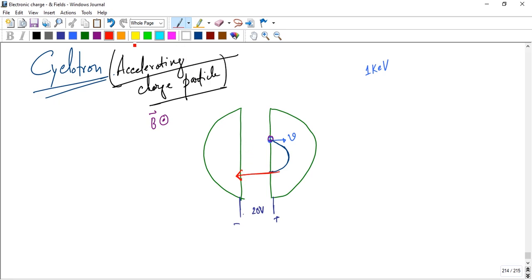So the proton moves here, and when it goes across, it gains some energy. Now the energy is 1 kilo electron volt plus 20 volt. Kilo means 1000, plus 20, so that means 1.02 kilo electron volt. So the energy is higher. Now check that.